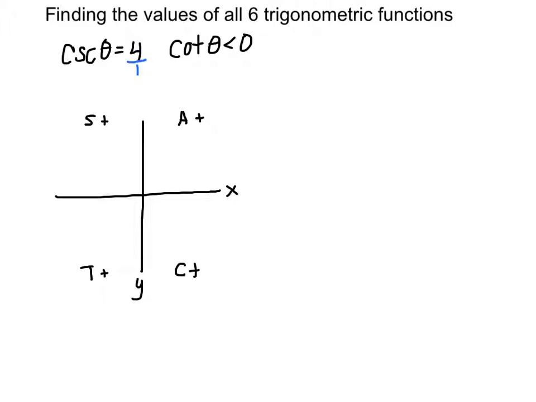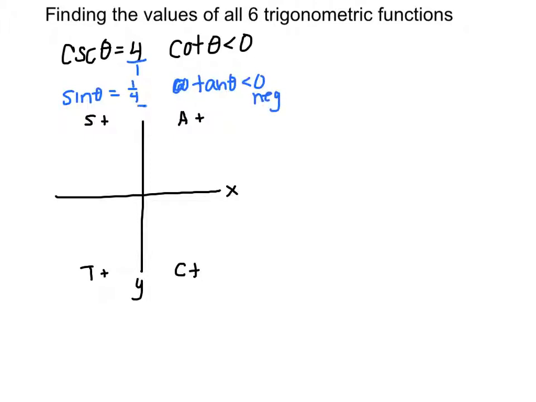If cosecant of theta is 4/1, the reciprocal of cosecant theta is sine theta. Therefore, the reciprocal of 4 is 1/4. Cotangent has a reciprocal, which means tangent of theta is also less than 0. And less than 0 means negative.